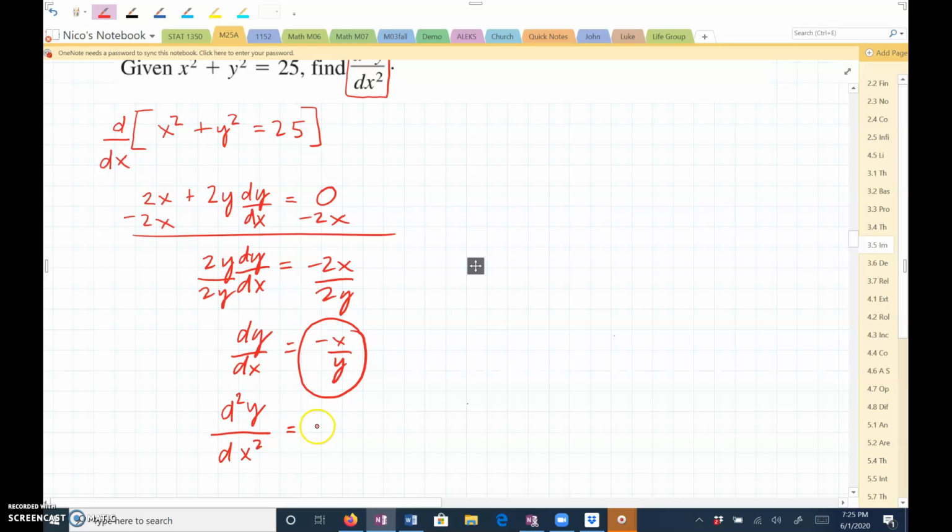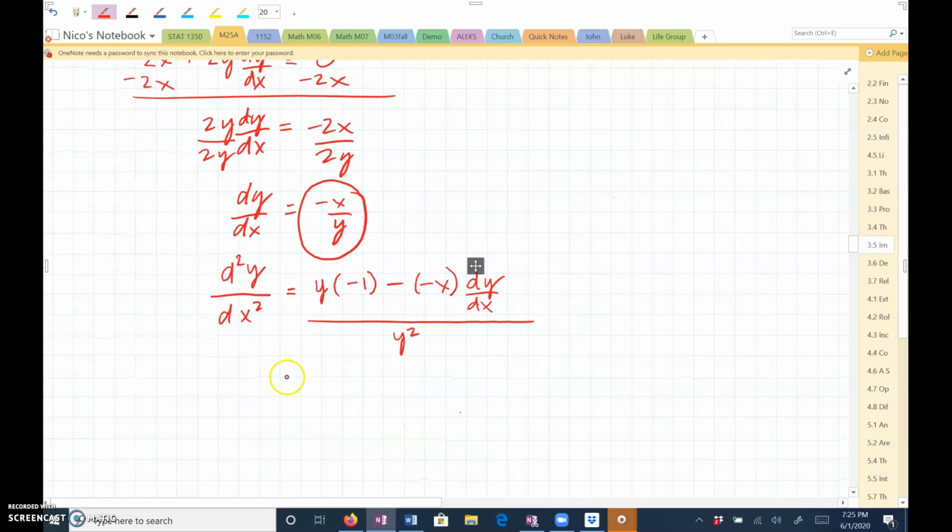So it's going to be the denominator times the derivative of the numerator minus the numerator times the derivative of the denominator. Notice the derivative of the denominator, that's y, and I'm taking this with respect to x, so that's going to be 1 dy/dx, all over the denominator squared.